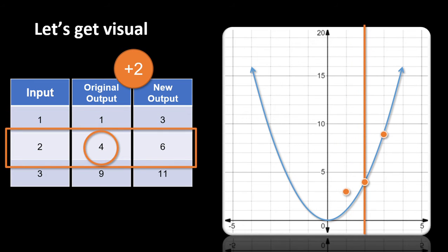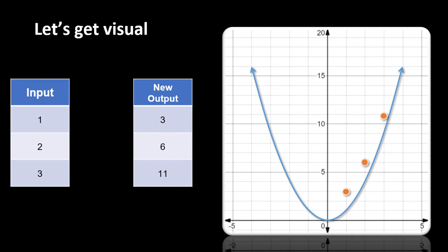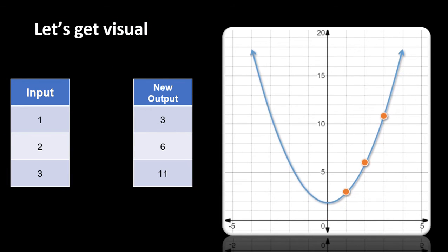The input is 2, and the output, instead of being 4, goes to 6. And in the third row, the output changes from 9 to 11. We can see visually what that did to those 3 points, and if we look at what that does to the function as a whole, if that happens to all the points, then the entire thing is shifted 2 units upward. That's a vertical translation. That one's a little bit easier to understand.